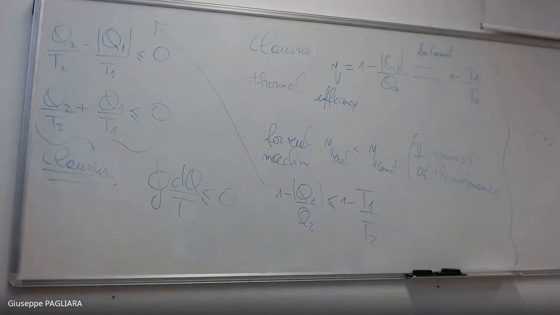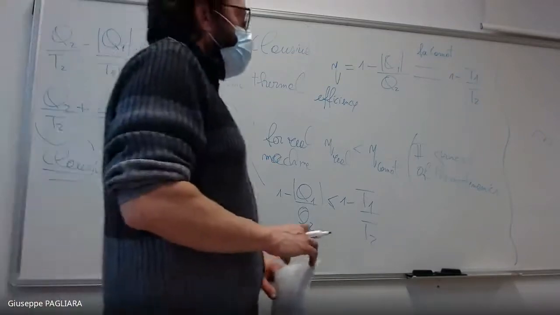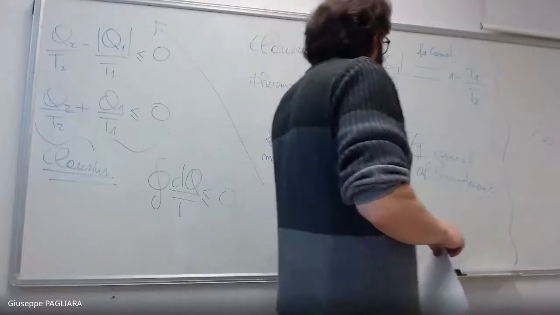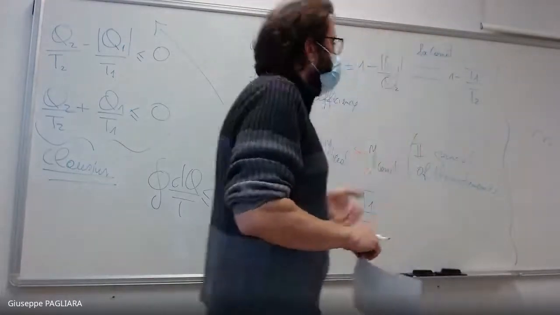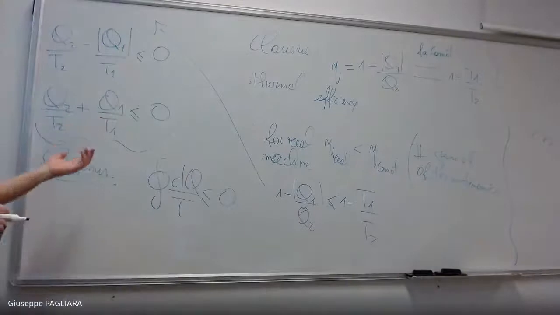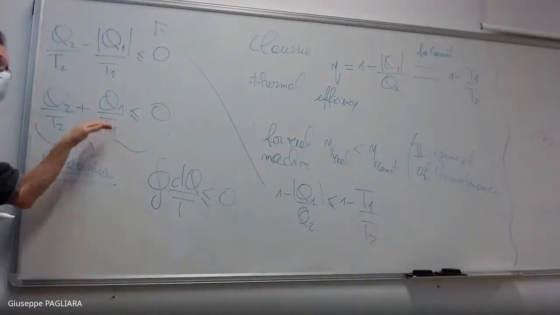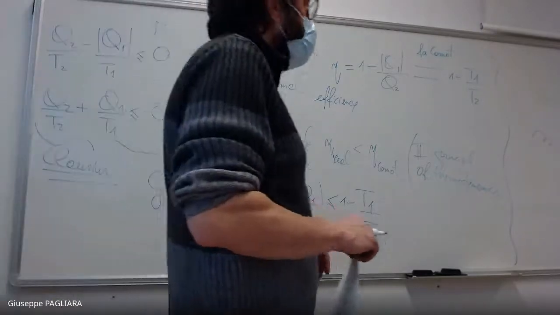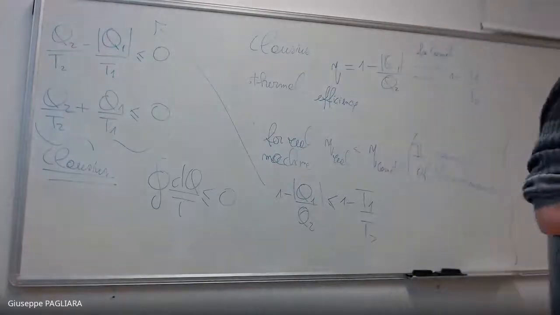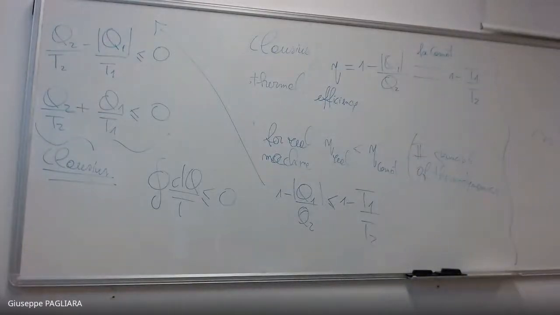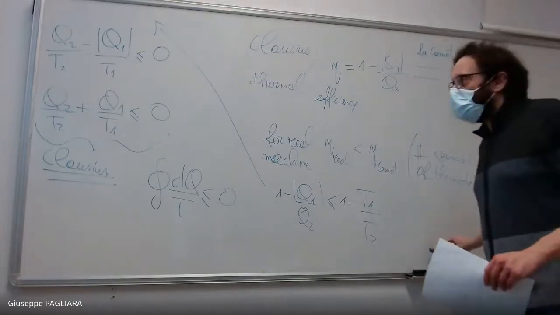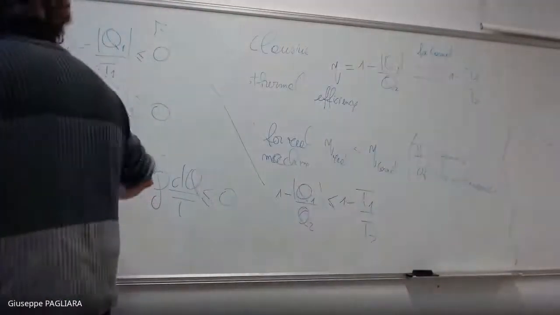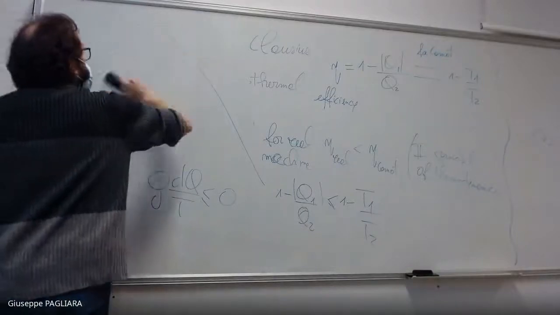Okay. So the Carnot cycle, the fact that the efficiency of a real machine must be smaller than a Carnot cycle, actually provides me another way to prove the Clausius theorem. Actually, historically, it was just the opposite. So the Clausius theorem was established before, and then one derives the second principle of thermodynamics in terms of efficiency.